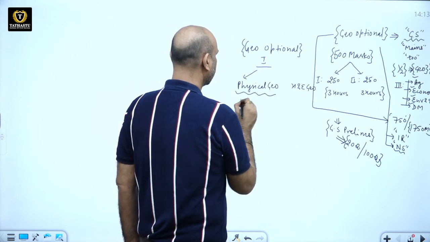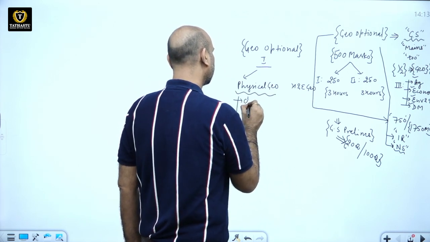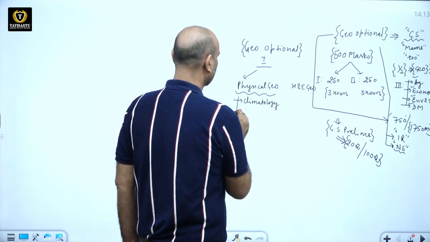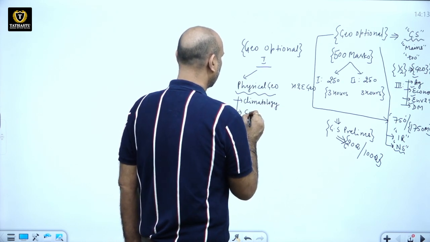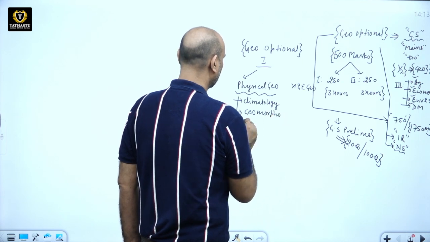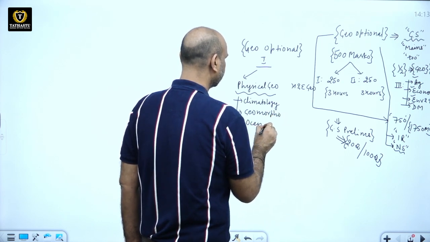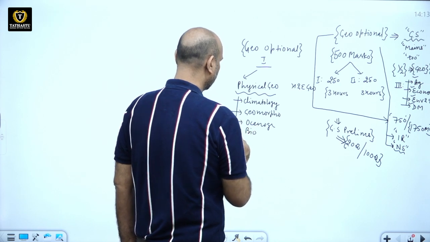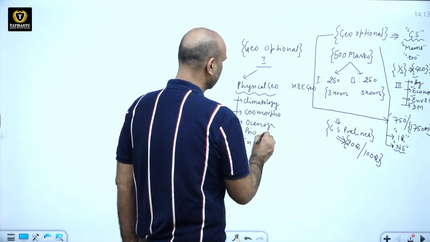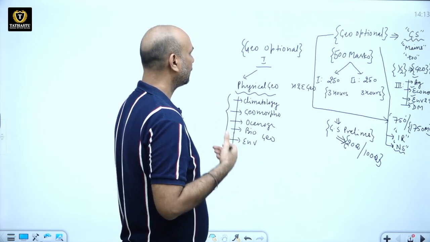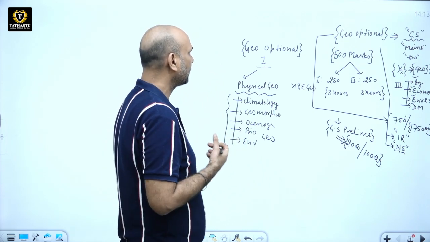Physical geography contains climatology, geomorphology, oceanography, bio and environmental geography. So these are the 5 sections included in the first section of the first paper of the geography optional.